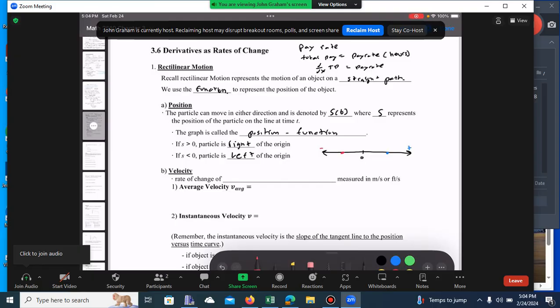If we were to take the derivative of the position function, then we will find a rate of change. We will find that it is the rate of change of the position function, which is going to be your velocity function.